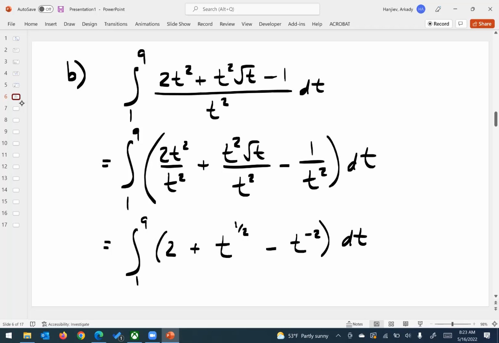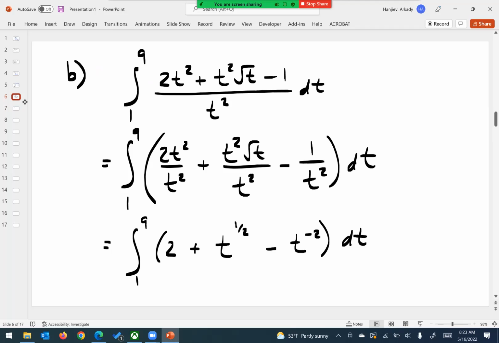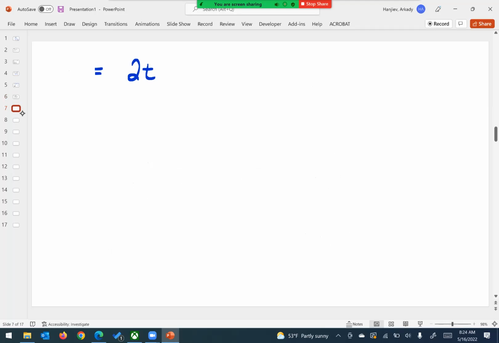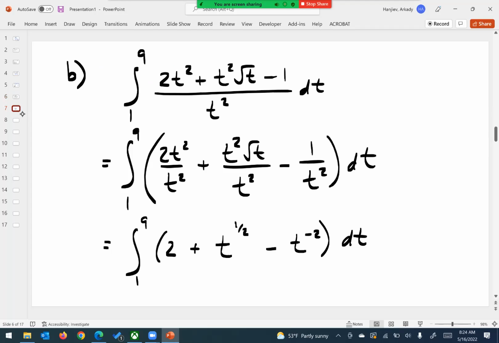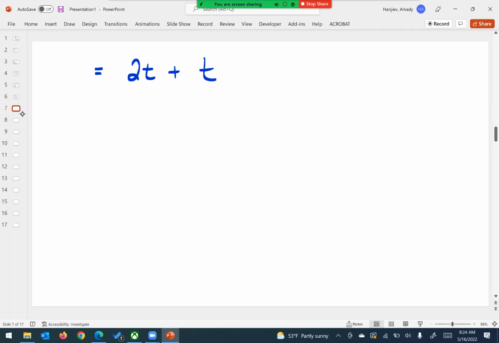Just 2t, right? It's the constant term, and then you just tack on the variable. Good. Zechariah, all yours. T to the 1/2. T to the 3/2 divided by 3/2. Awesome.